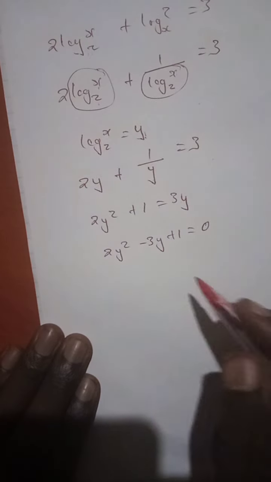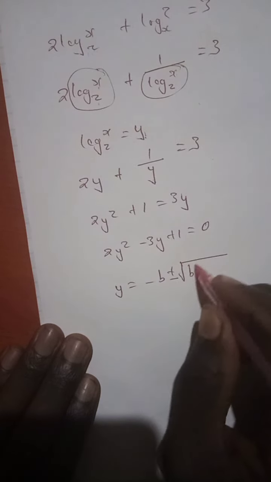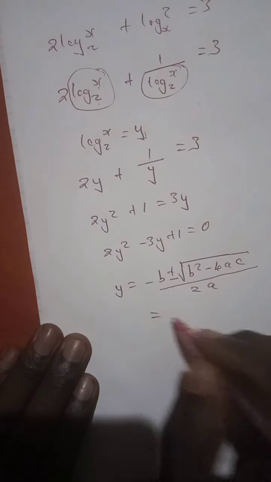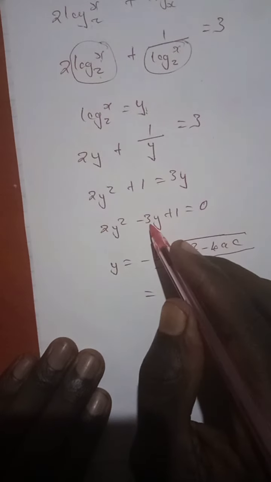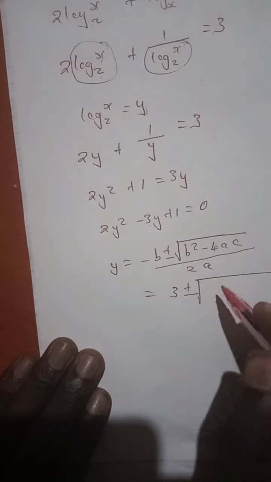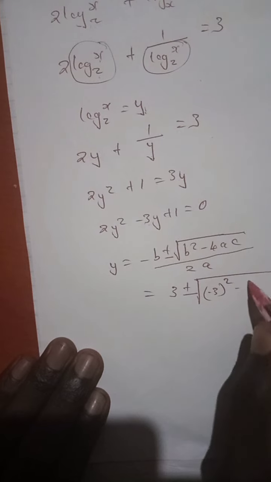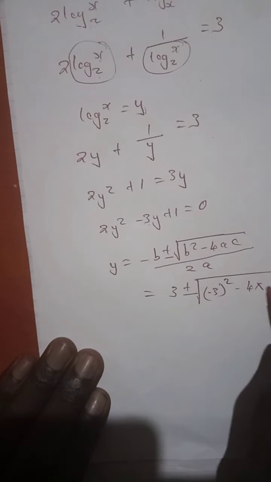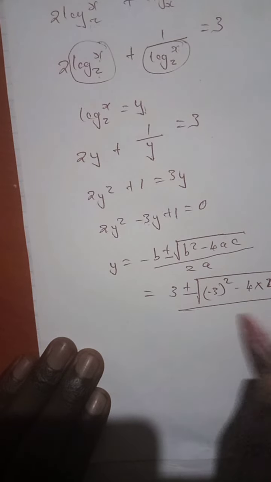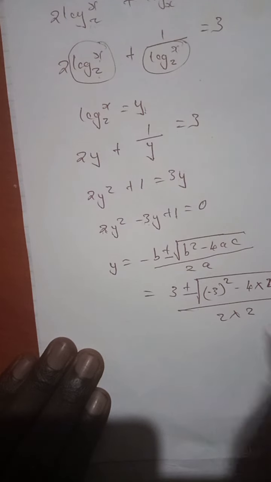Remember, we can use the quadratic formula that says y is equal to negative b plus or minus the square root of b squared minus 4ac, the whole of it divided by 2a. Our negative b is negative 3, which gives positive 3 plus or minus the square root of 3 squared minus 4 times our a, which is 2, times c, which is 1, all over 2 times our a, which is 2.